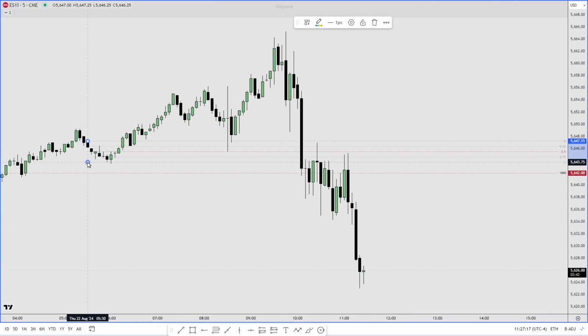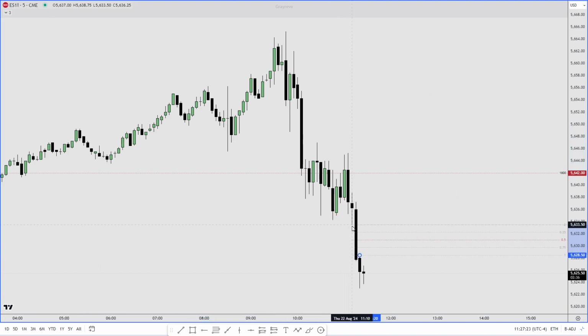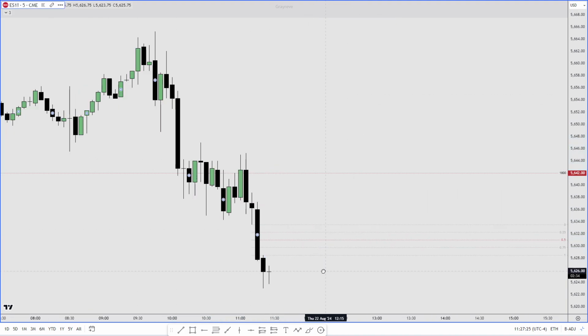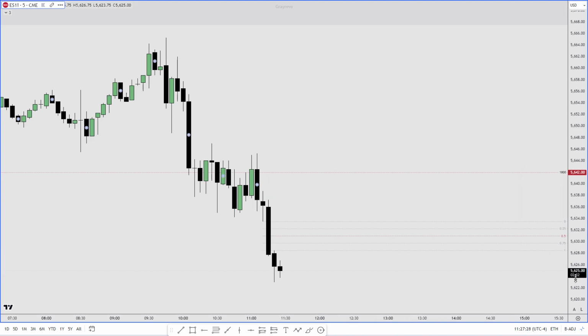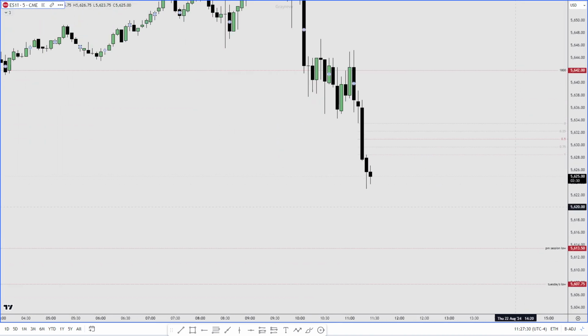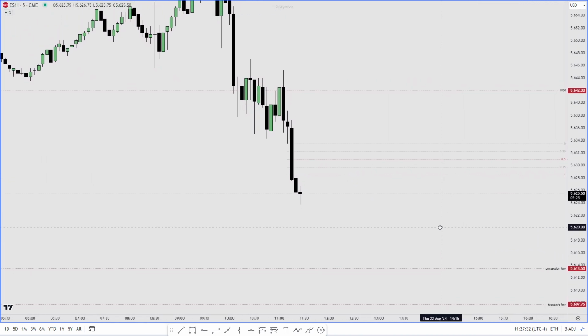Let me mark out the levels over here. We are approaching 11:30, so that is one issue by itself. I think this move should be done by 12 if it wants to continue lower.